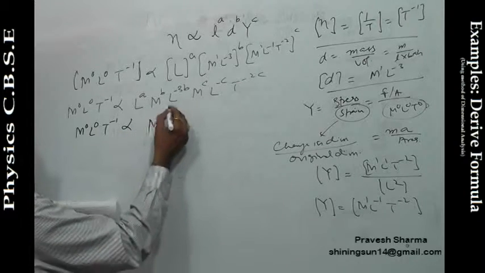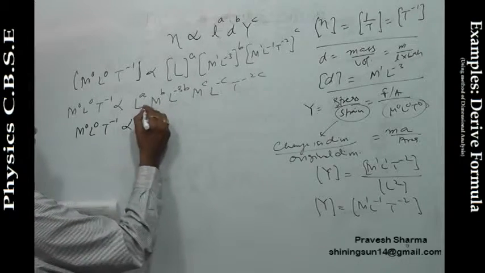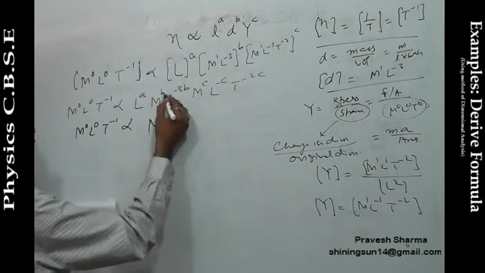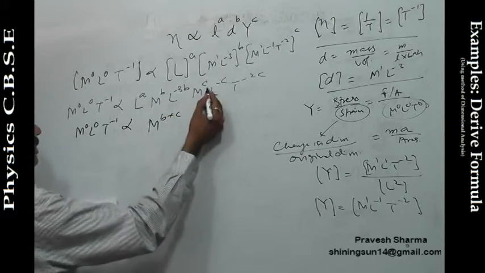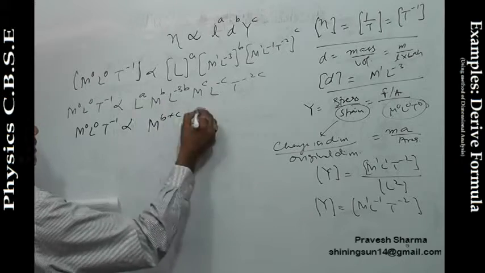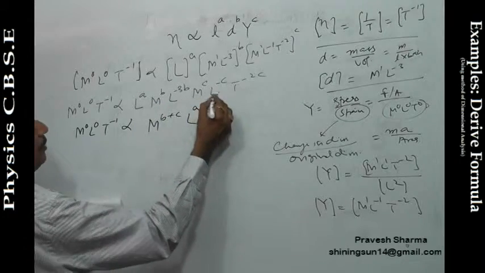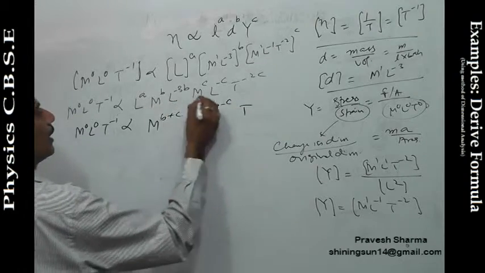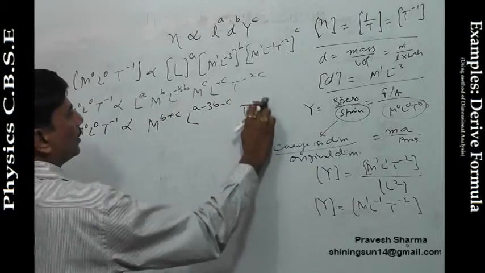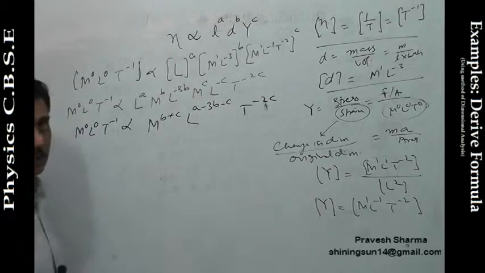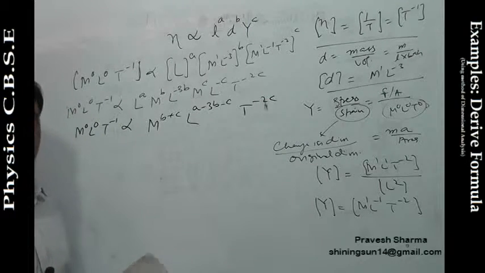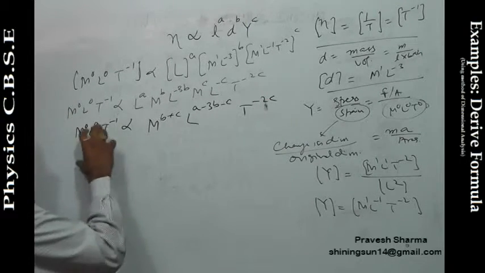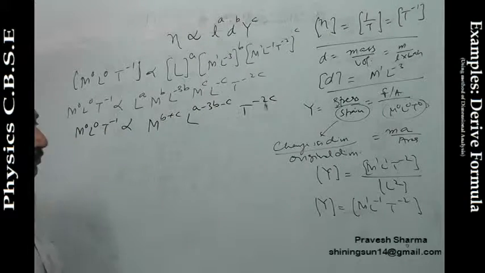Now let's segregate in terms of M, L and T. For M, it is M to the power B plus C. For L, it is A minus 3B minus C. For T, it is T raised to the power minus 2C. Because of the principle of homogeneity, the dimensions on this side and this side should be the same.